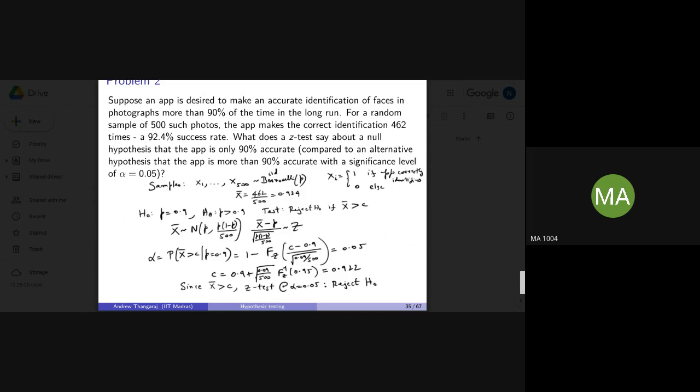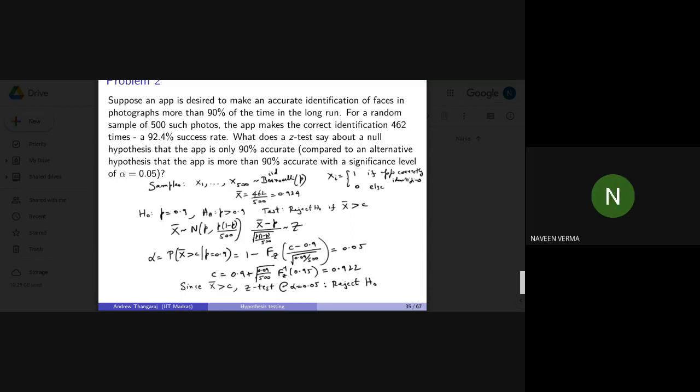So again, the null and the alternative are properly defined here. What is the null hypothesis here? The probability of success is 90% accurate.